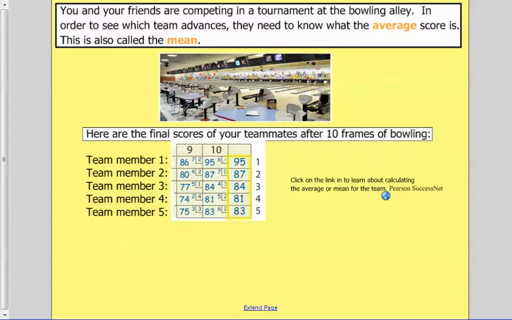The way you find mean is easy. You add up the numbers, you find the sum.